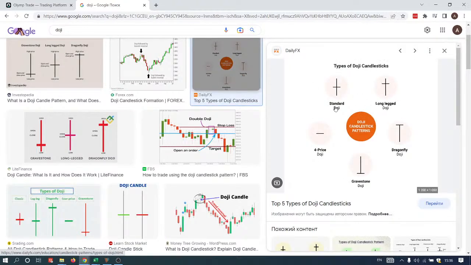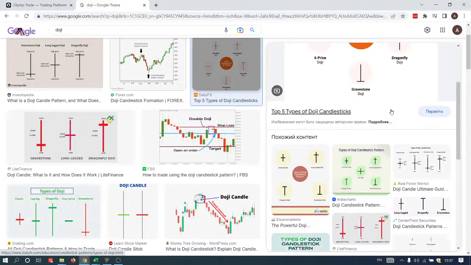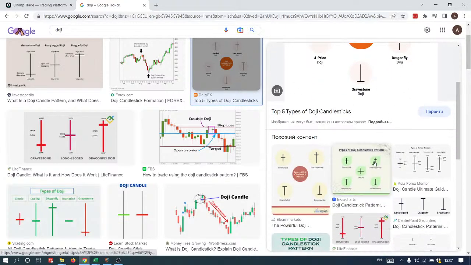We have a standard doji, long-legged doji, dragonfly doji, gravestone doji, and four-price doji. If you want to dig a little deeper, there is plenty of information on the internet about that.